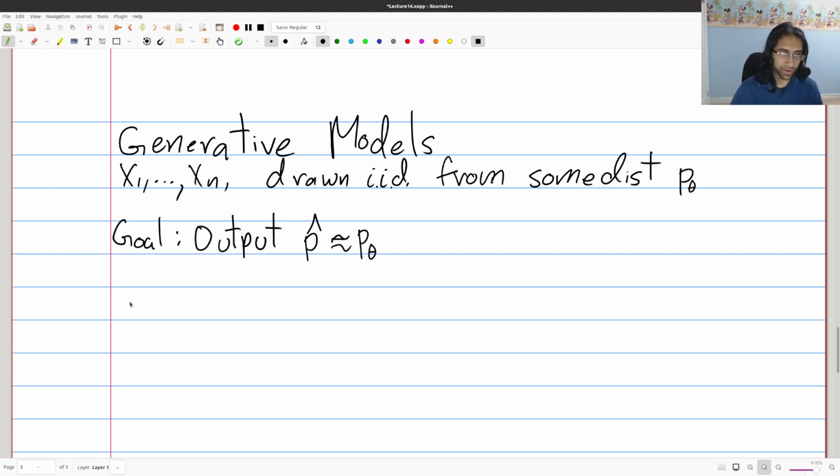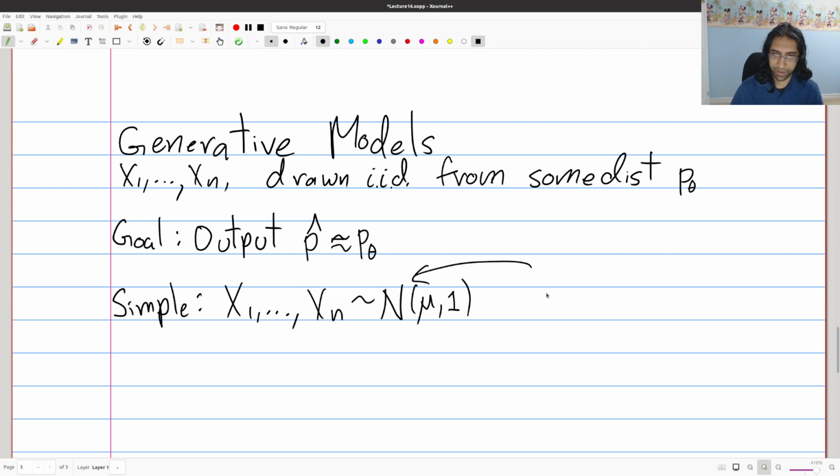Now, let's do a very simple example, which I think we might have already done in this course, actually, which is just learning a single Gaussian. That is, we have x1 through xn, which are drawn IID from N(mu, 1). So just a single univariate Gaussian where we have some unknown mean. And let's just recall what this density function is.